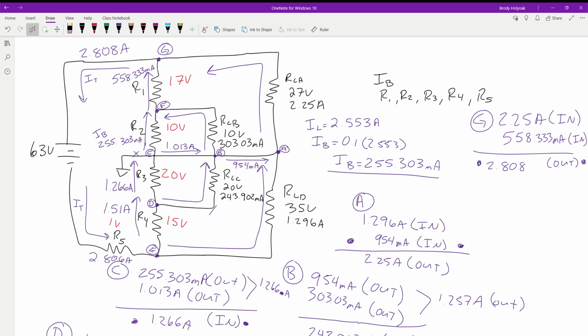It's a little bit weird because when we're looking at these, this one right here and this one right here, we will never actually measure them because there's no reason to. Plus there's no connection there. Usually this is just a single piece of wire or a connection point on your breadboard.